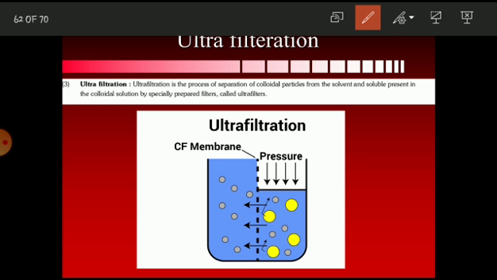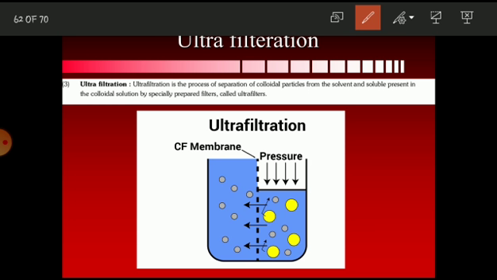But instead of ordinary filter paper, if we use ultrafilter paper, whose pore size is very small, only the smaller impurity particles can pass through those pores, not the colloidal particles. If we use ultrafilter paper, only the crystalloids, that is the impure particles, can pass through, but the colloidal particles, which are bigger in size, cannot.